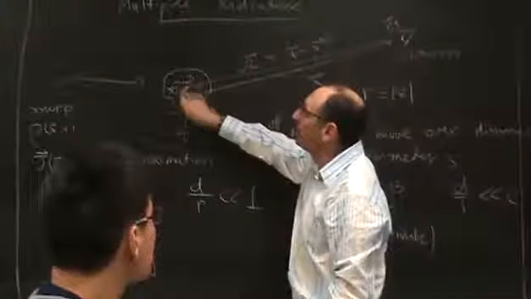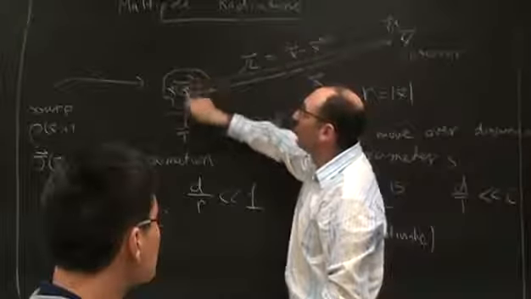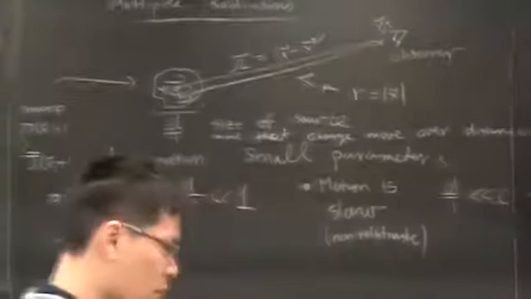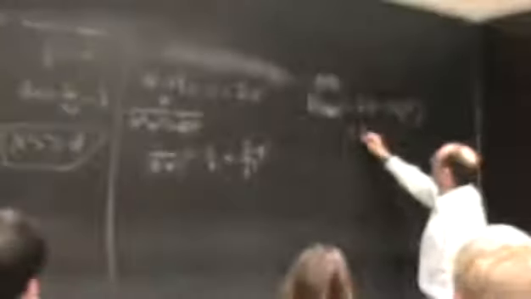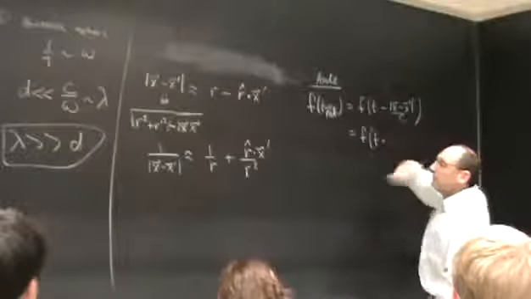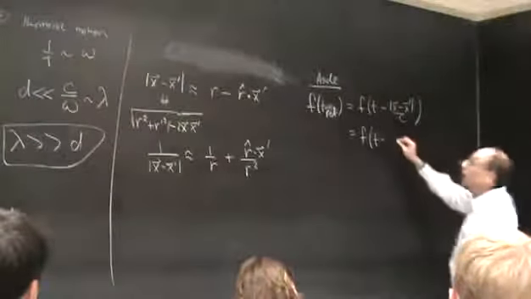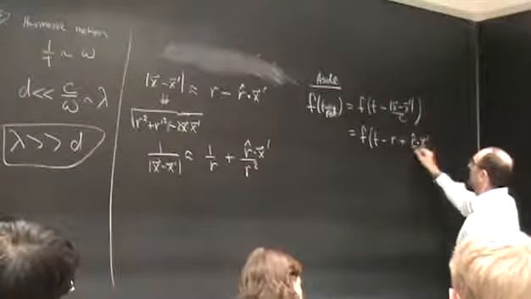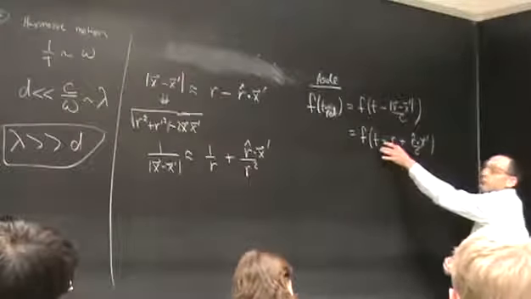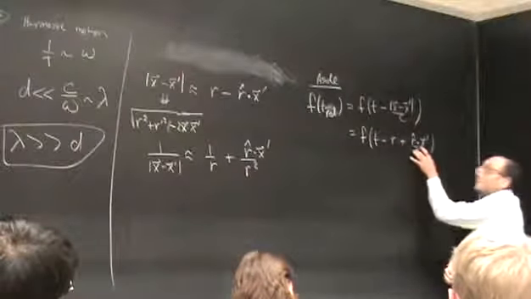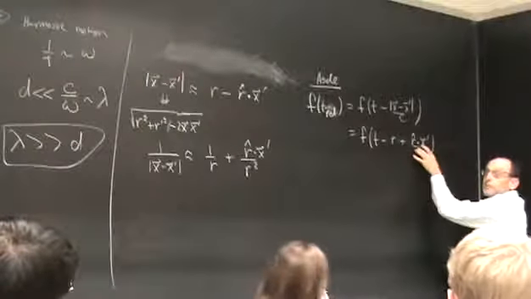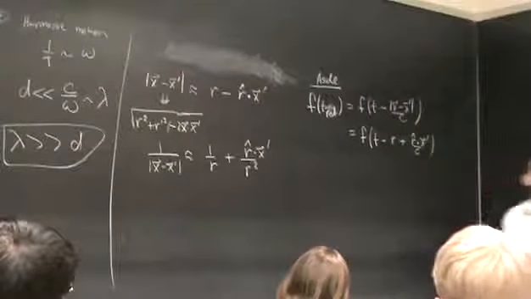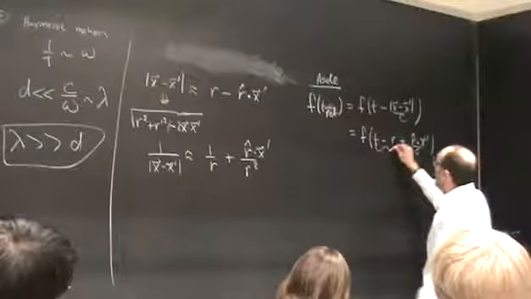The additional retarded times from other points outside the origin are a small correction. So we write this as f at t minus r plus r hat dot x prime over c. This is the retarded time from the origin, and this is the little extra piece coming from the fact that I'm at some source point that's not exactly at the origin. This I'll just call T0.